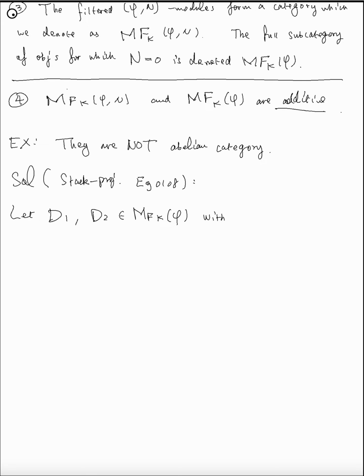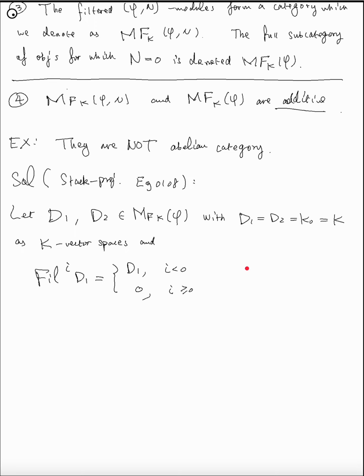With D1 equals D2 equals K0 equals K as a K vector space. And I'm going to describe, because you have to describe the filtrations to describe objects here. So for D1, I'm going to describe its filtration: for i less than 0 it is D1, otherwise it's 0.